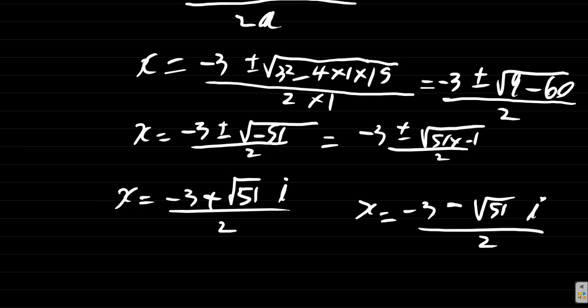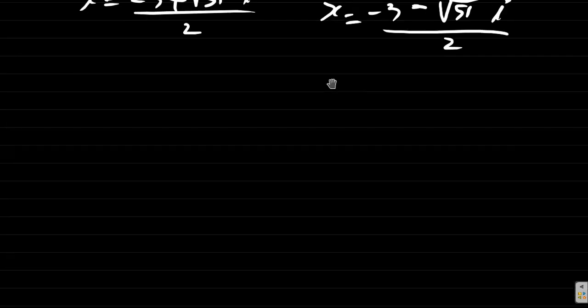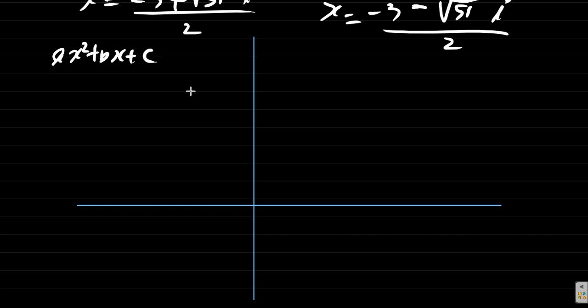Now, it would be interesting to see what the graph of these look like. You will remember that when you have a graph and you have your x-axis and your y-axis, and it's a graph of a quadratic function, you have a parabola. If you have it in the form ax squared plus bx plus c, it will be like this.